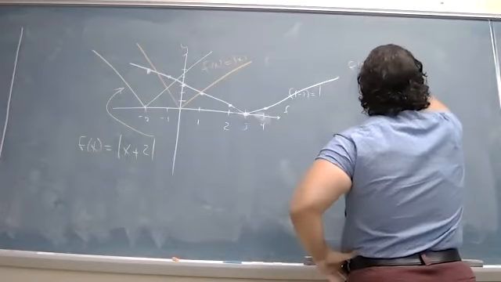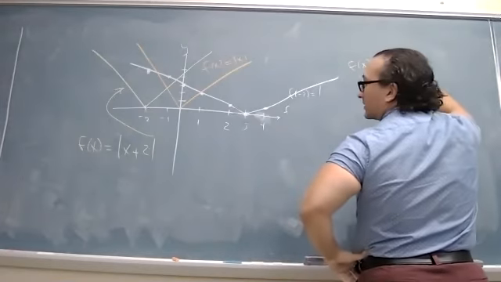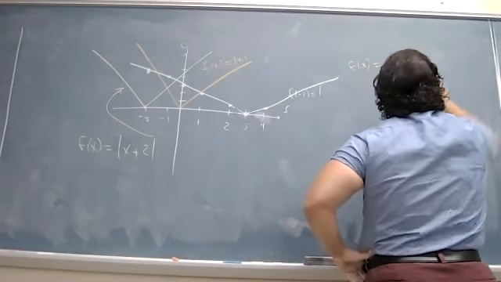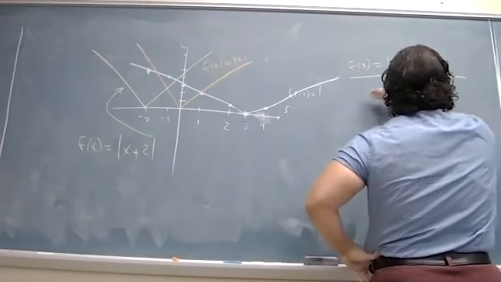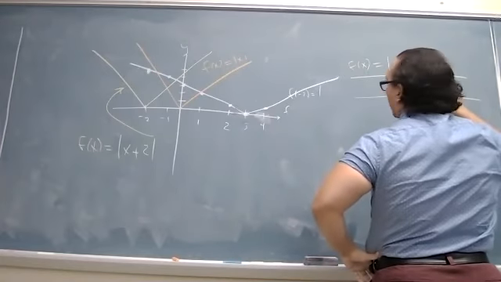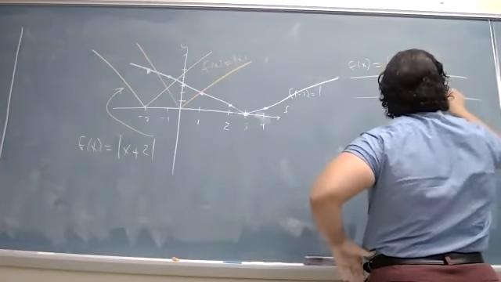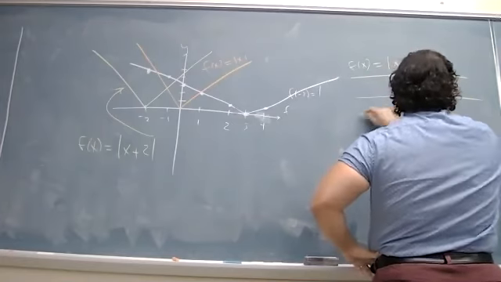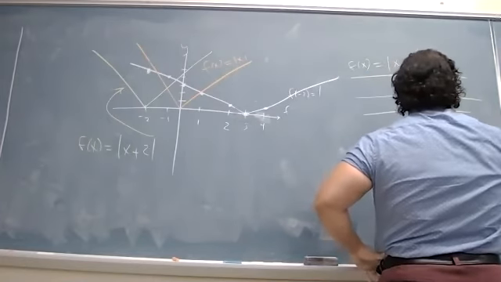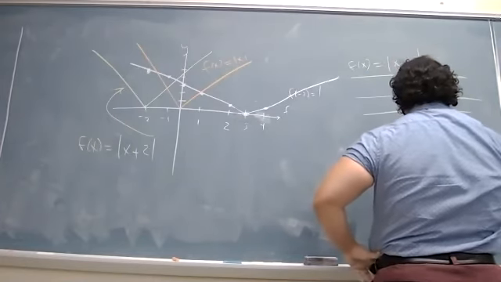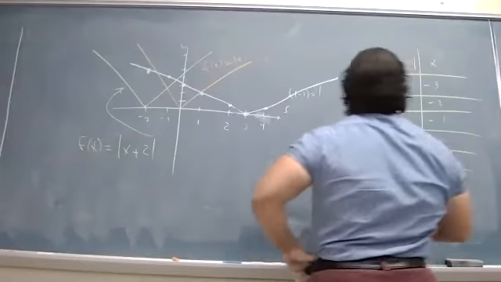My f of x is now the absolute value of x plus 2. I'll create an f of x table. Let's plug in symmetrical values about the origin. Actually, let's move a little bit to the right. Let's do negative 3, negative 2, negative 1, 0, 1.